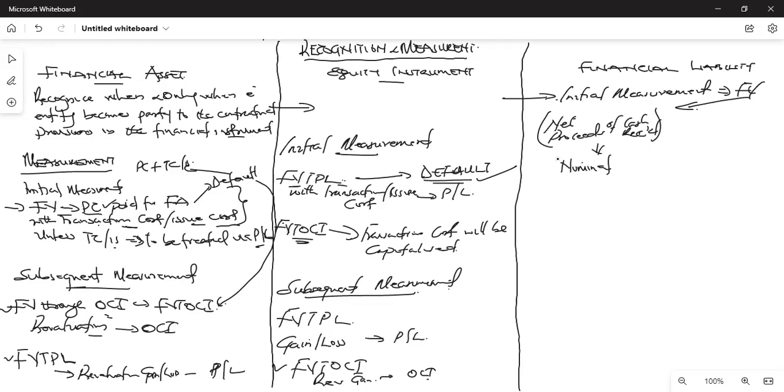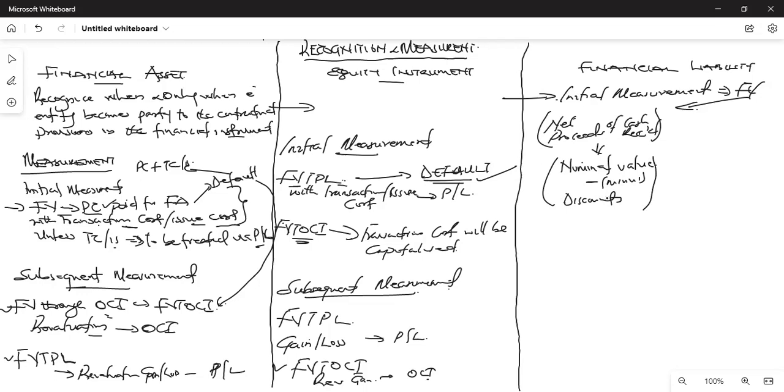So the net proceeds we are talking about is the nominal value minus any discount, because people may not be buying, so we probably have to give a discount.